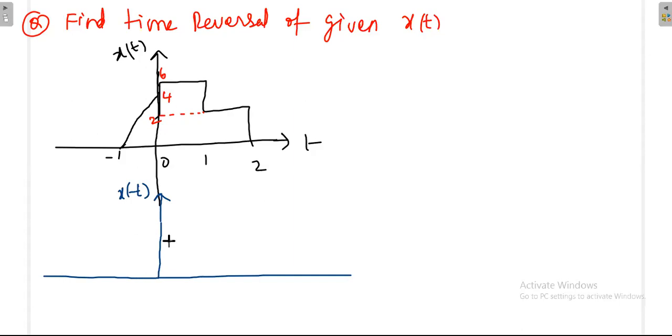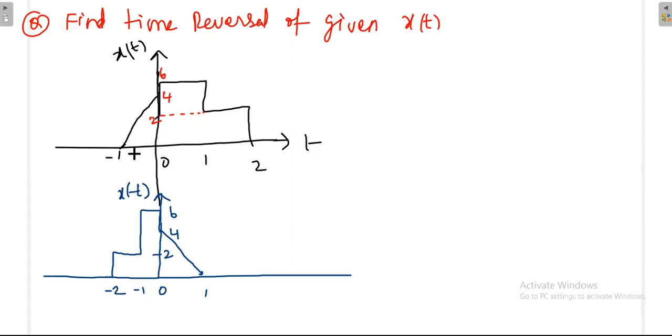If you do that, it will go like this: -2, -1, 0, 1. This is 2, this is 4, this is 6. So this is x of minus t of the given x of t.